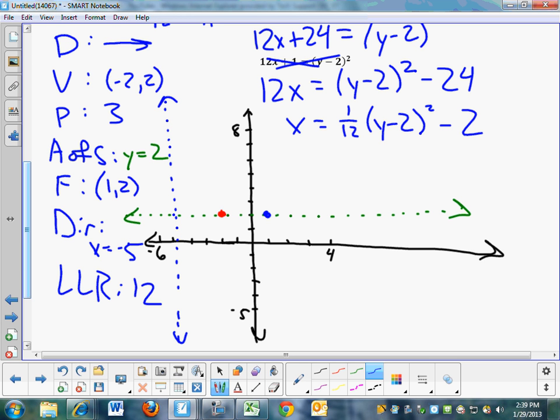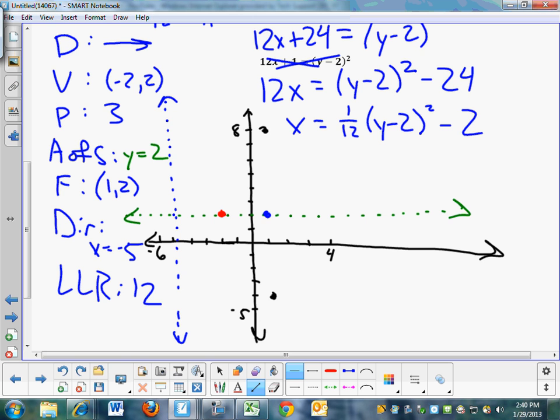Very good. How many units in each direction? 6. Wow, so all the way down here at negative 4. All the way up here at positive 8.